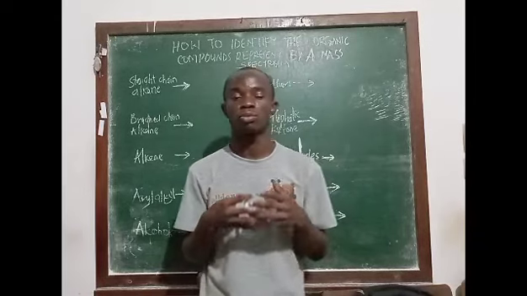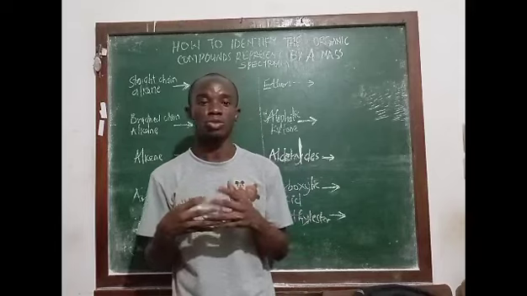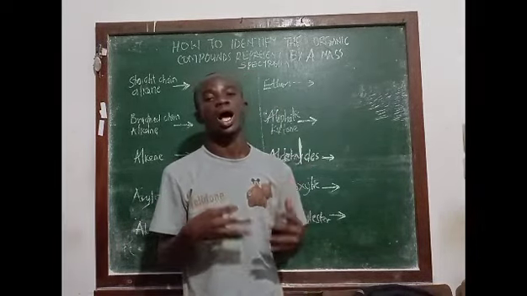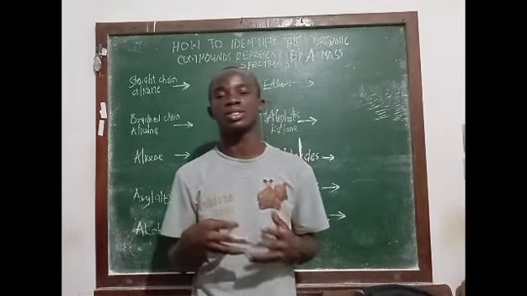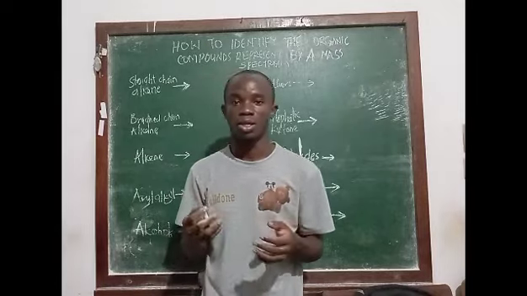So in a mass spectrum, the vertical axis represents the abundance of a particular ion, most usually a cation, and the horizontal axis represents the mass to charge ratio of that particular ion.